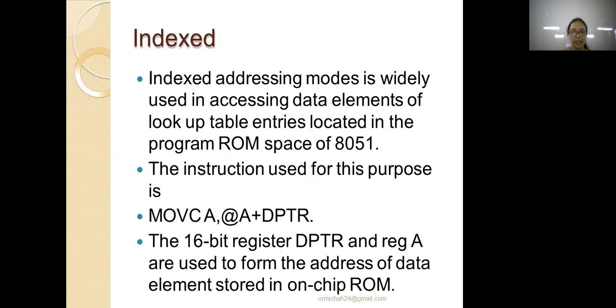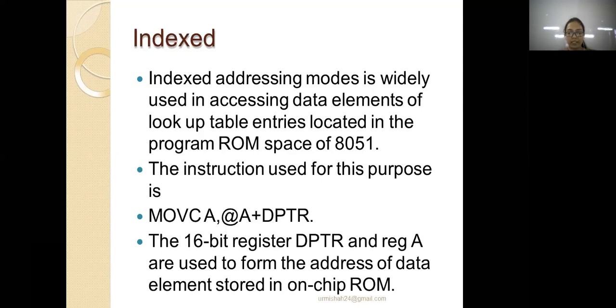Now the fifth type of addressing mode is index addressing mode. Index addressing mode is widely used in accessing the data elements of lookup table entries which are located in the program ROM memory space. Here the instruction given to you is MOVC A, @A+DPTR.